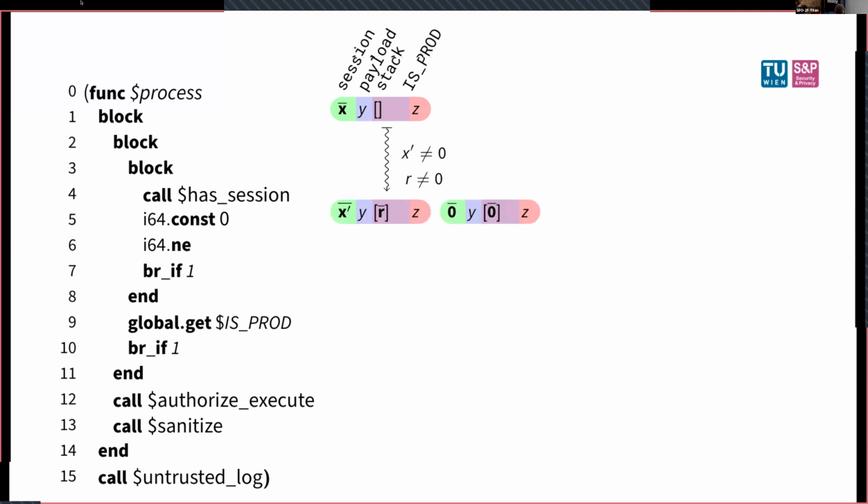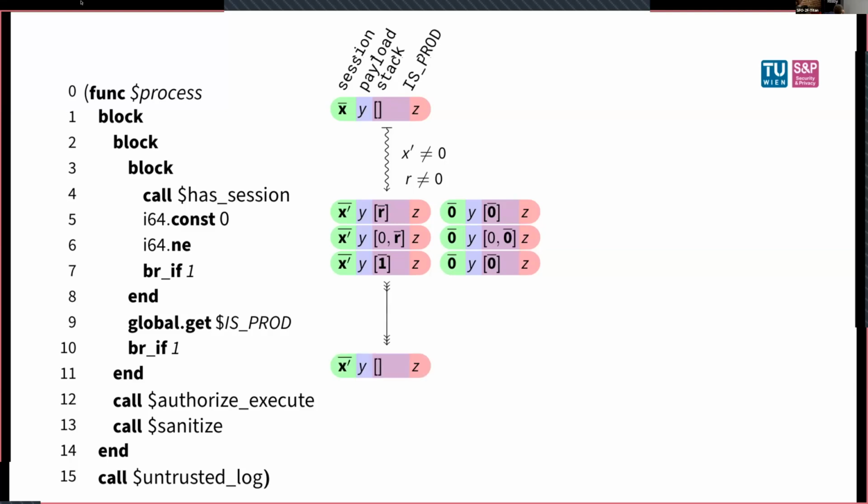Then we go through the execution and call has session, and has session just propagates the taint, which will either leave us with a tainted 0 on the stack or some tainted non-zero on the stack. And depending on the session as it was stored, if we execute left, we will have a tainted 1 on the stack. If we execute right, we'll have a tainted 0 on the stack again. And then we might do a jump, depending on that.